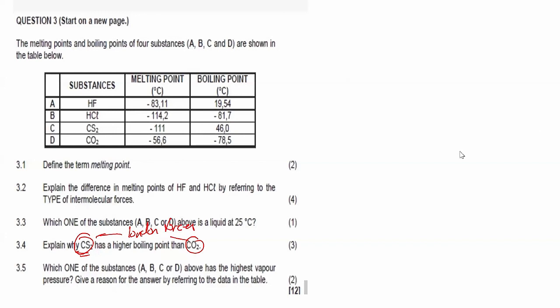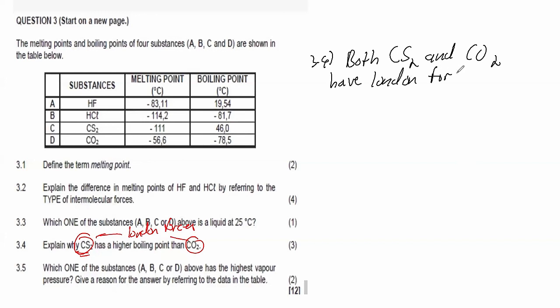Then this is how we do it. We're going to say, for 3.4, both CS2 and CO2 have London forces.